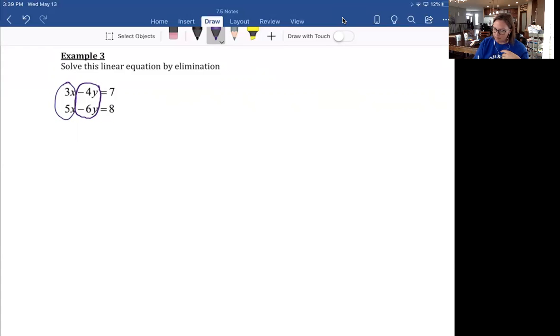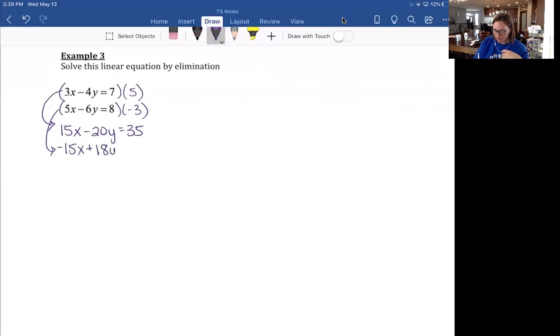So if I wanted to eliminate the x's, I would change this first equation by multiplying it by 5, which would become 15x minus 20y equals 35. I would then multiply this equation by negative 3, and it would become negative 15x plus 18y equals negative 24. If I did that, these x variables would eliminate.